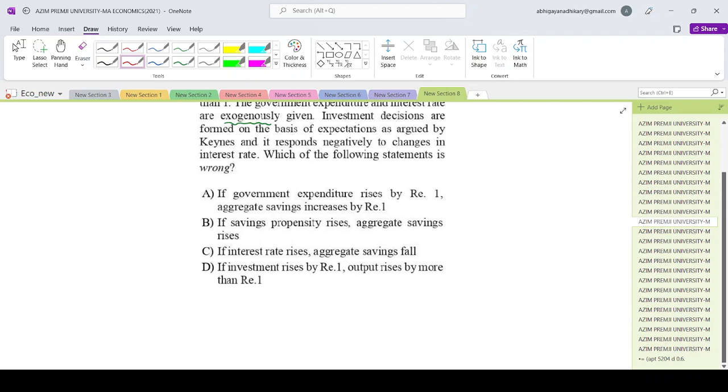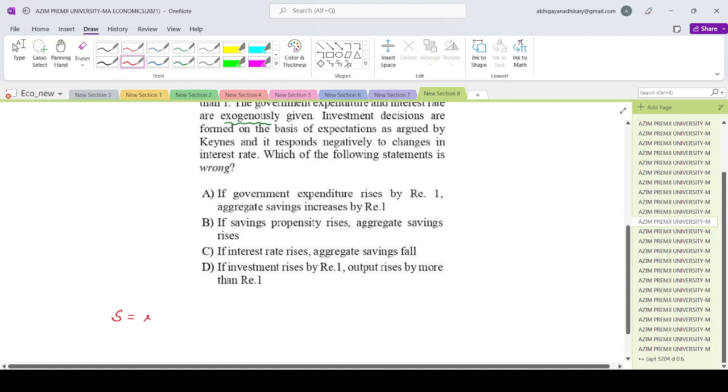So what happens in the Keynesian framework? Let me just start from the very beginning. The savings function has been given to be small s times y, where s lies between 0 and 1.